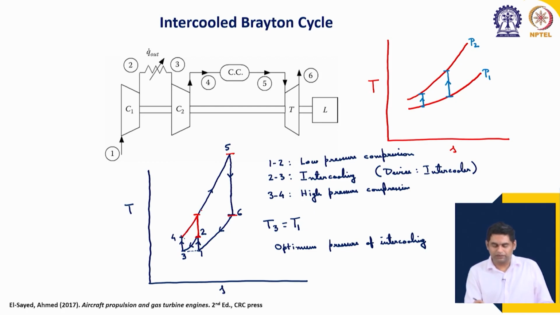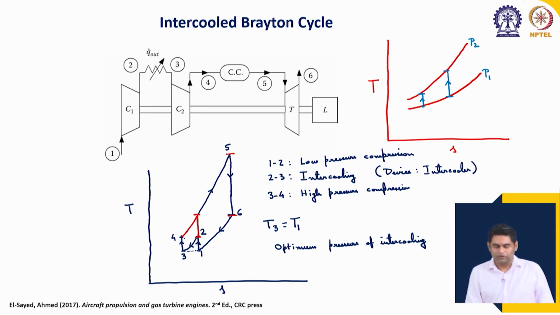Although the net work is increasing, the additional heat addition which is needed will balance the effect and efficiency may be lower, but the main idea behind using an intercooler is to increase the net work output, similar to a reheater.